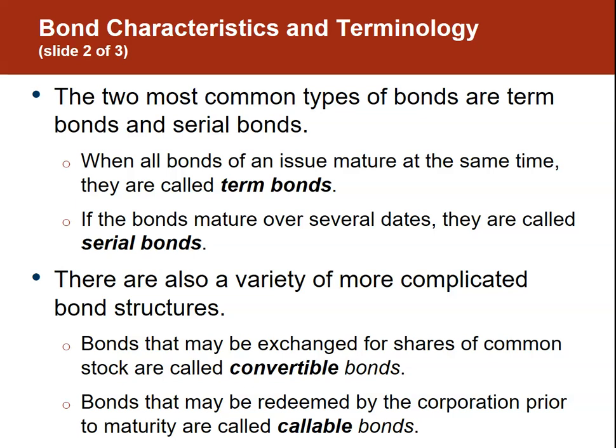So they need to extinguish that debt, and then if necessary, reissue those bonds at a lower interest rate, so they're not paying so much interest. Just a side note, a term bond, for example, that lasts for 10 years might also be a callable bond. Okay.